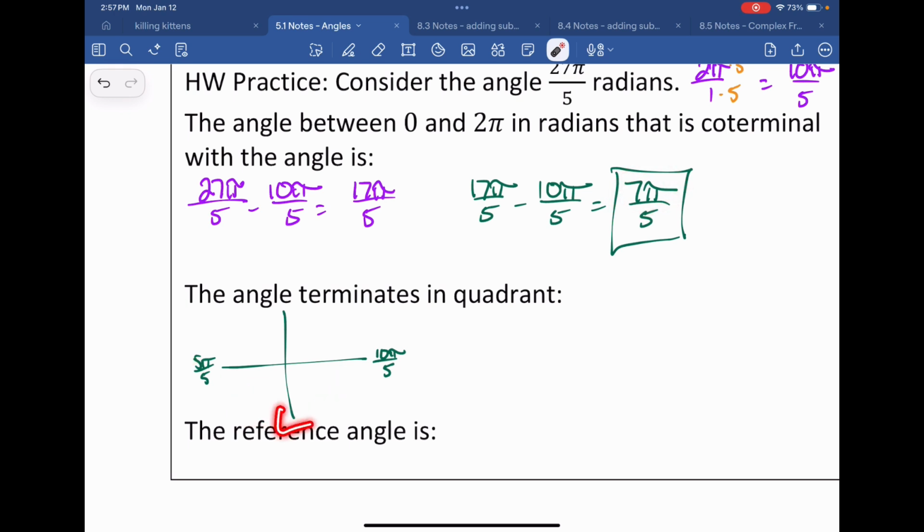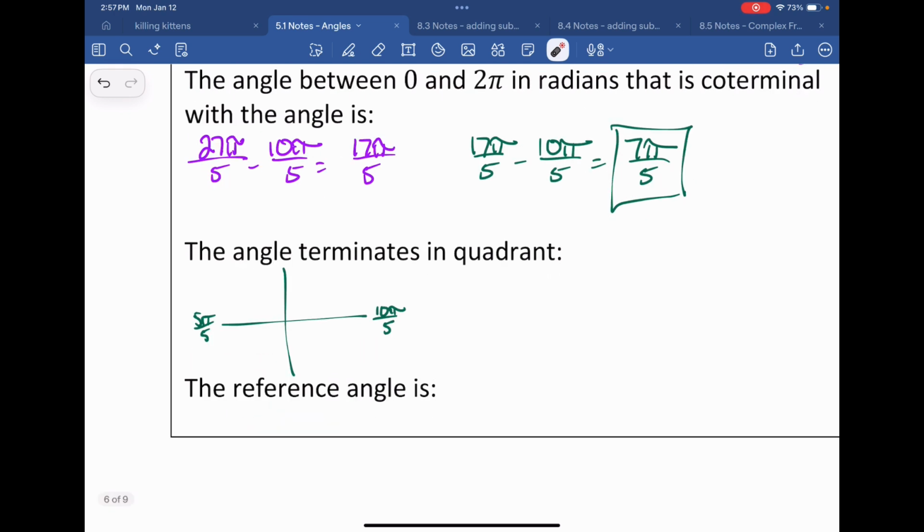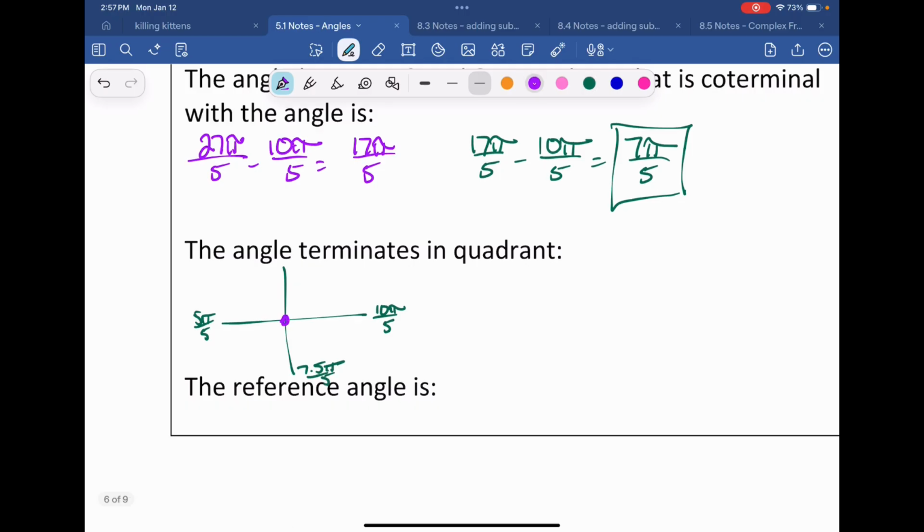So we need this half angle down here. All right, well, halfway between 5 and 10. Well, 7.5 is too big, which must mean it falls somewhere in quadrant 3.